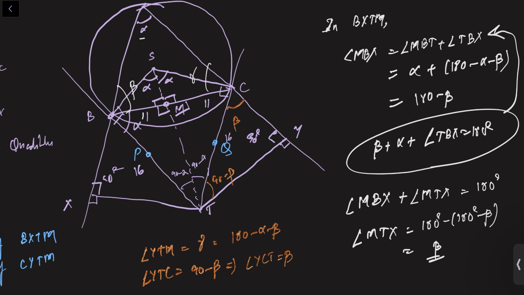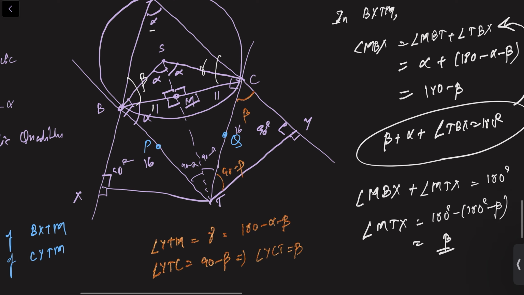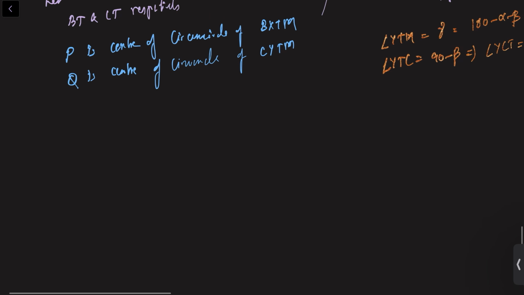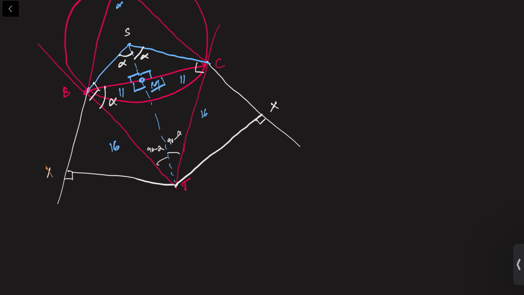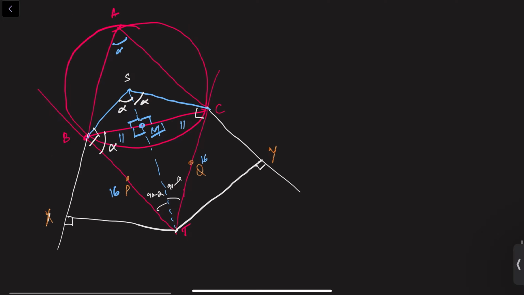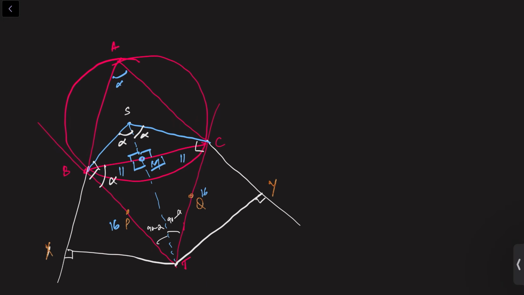So now we have this. Let me again take this diagram. So this is X and this is Y, and this is P, and this we took as Q. If we consider this angle MTX, we just got that angle MTX is beta, which is angle ABC, so that is also this angle MTX.